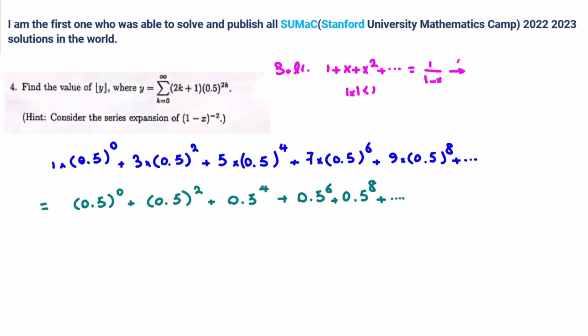Now, if you take the derivative of both sides, the left-hand side is what? It's 1 plus 2x plus 3x squared, which is equal to what? 1 minus x to the negative 2.